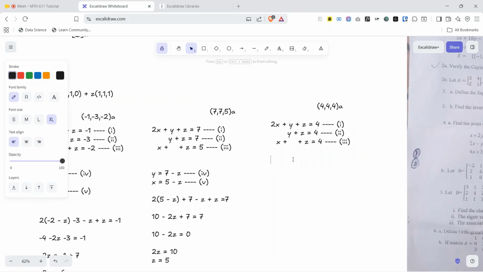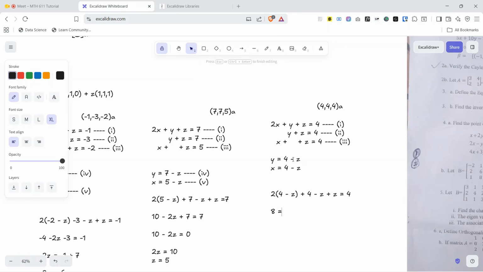So our y equals 4 minus z, and our x equals 4 minus z. So we are plugging it into the main equation: 4 minus z plus 4 minus z plus z equals 4.